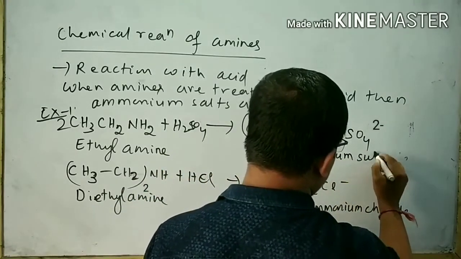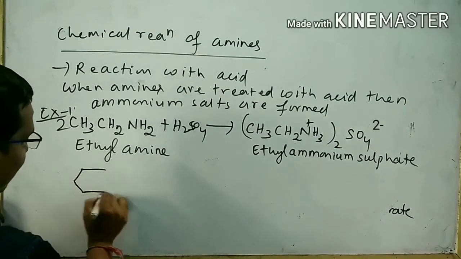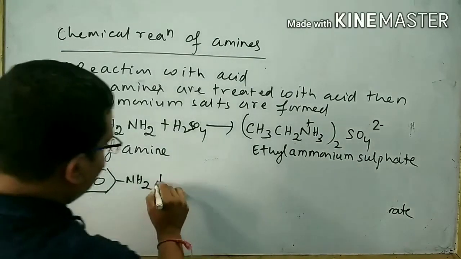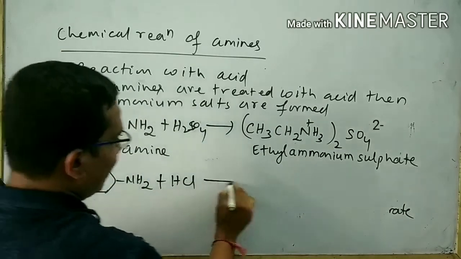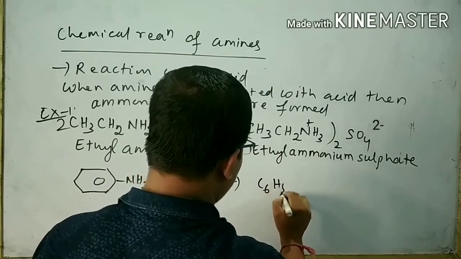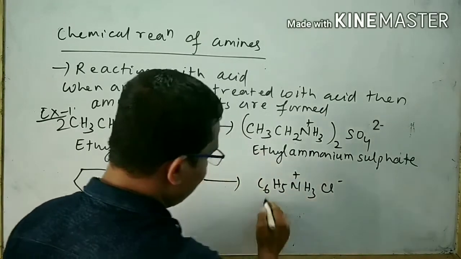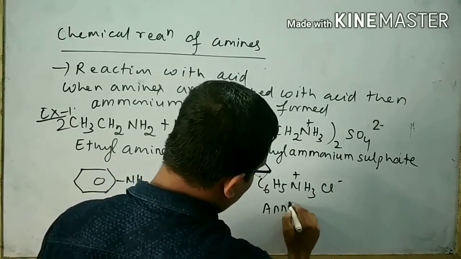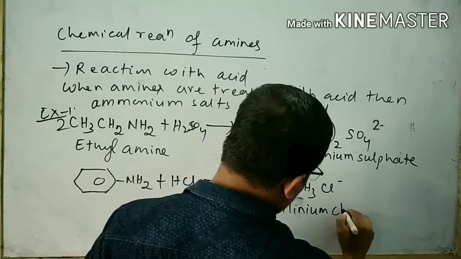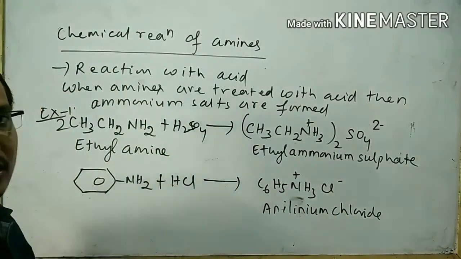Suppose we take aniline. When it is subjected to reaction with HCl, anilinium chloride is formed, that is C6H5NH3+ Cl-. The name of this compound is anilinium chloride. These are the ammonium salts.